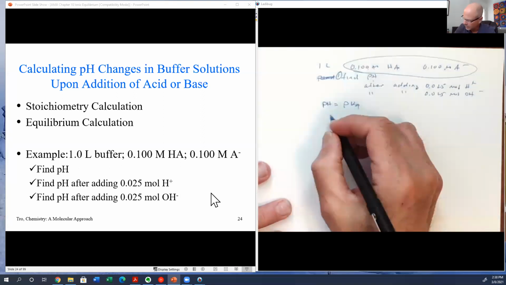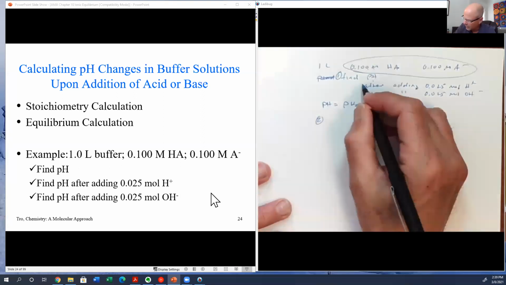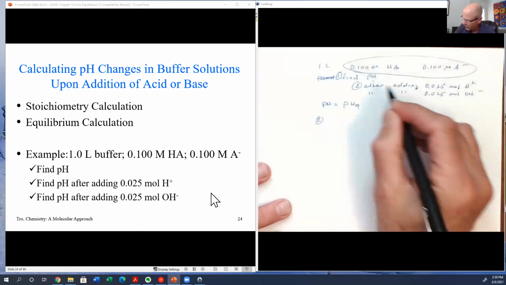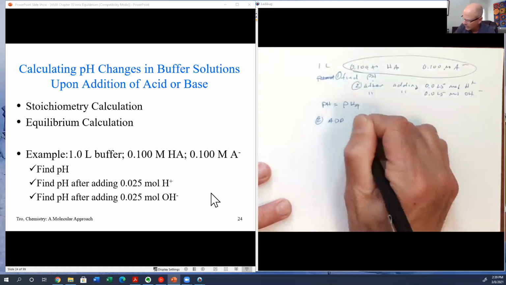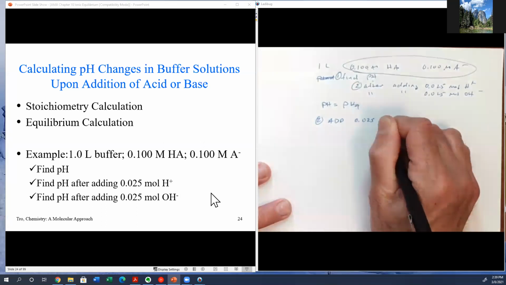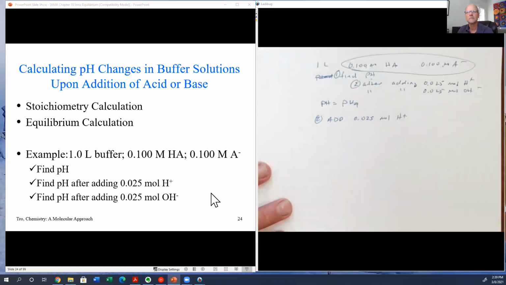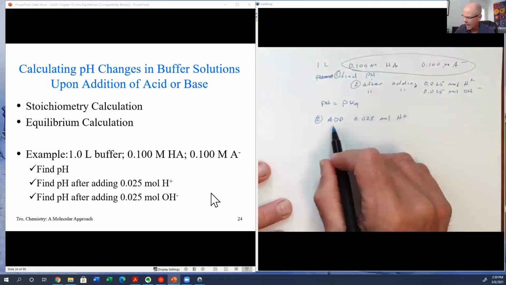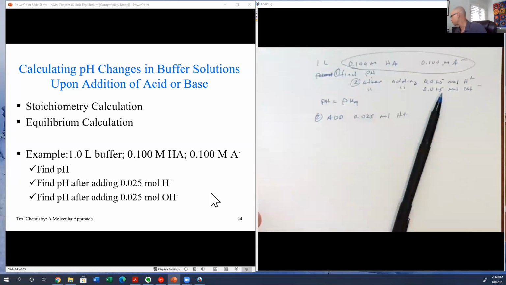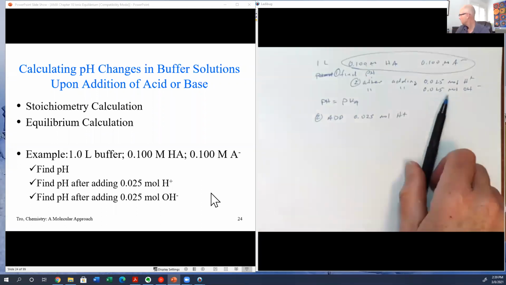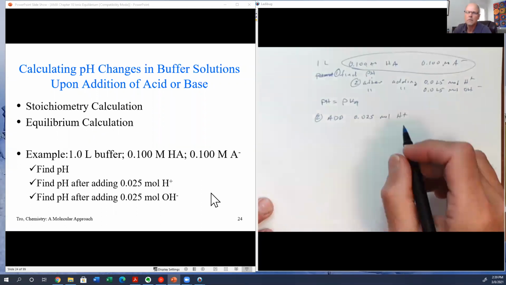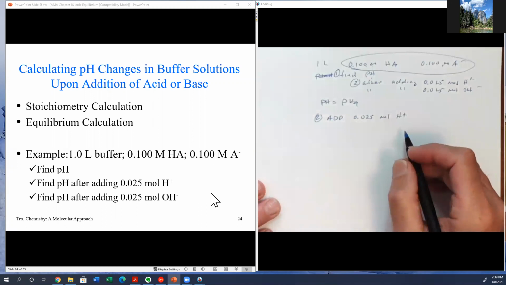All right, number 2, after adding 0.025 moles of H+. Sorry, I cut out again. Add 0.025 moles of H+. Sorry, one question.